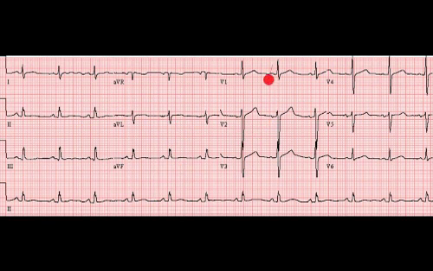This is somebody with an increased RS ratio in V1, and that's the main abnormality. There is a condition which gives you that, and that is progressive muscular dystrophy. And this could be that. Or it could be a very old dorsal myocardial infarction. And that's the best I can do.